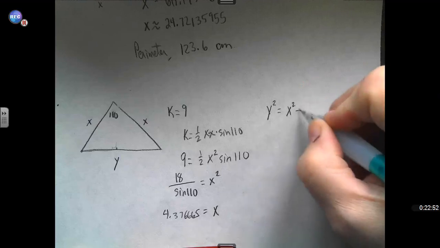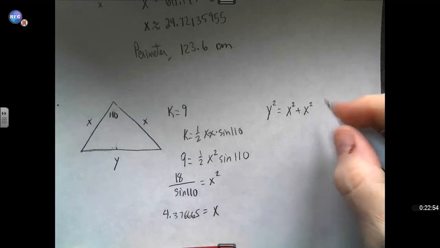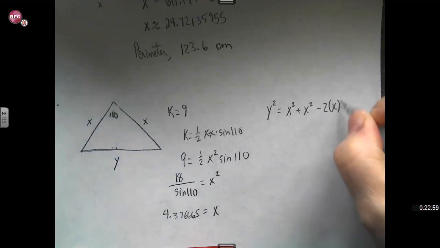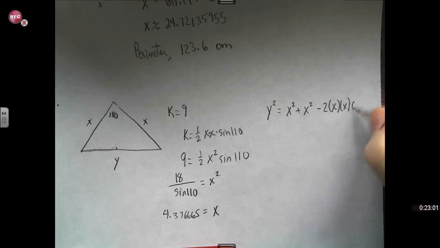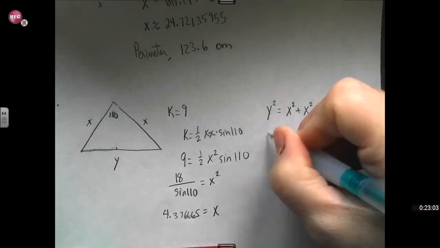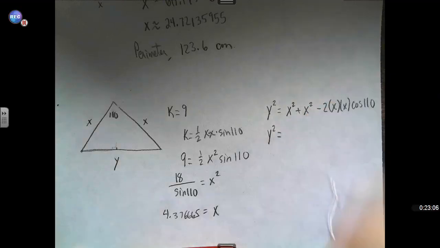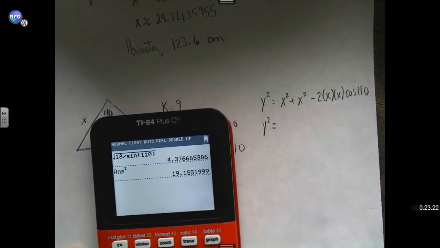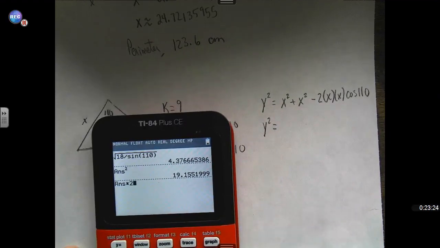x squared plus x squared minus 2 times x times x times cosine of 110. And so for x squared plus x squared, what I did was I squared what I had as my answer, and I'm going to multiply that times 2.